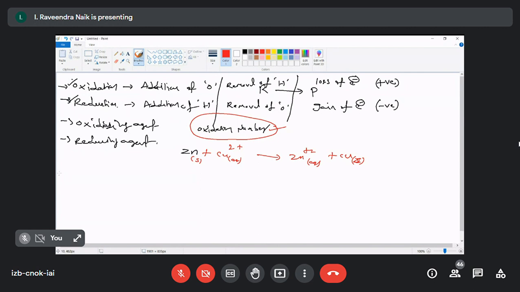First, oxidation means an increase in oxidation number.